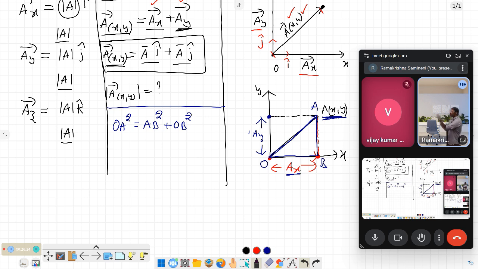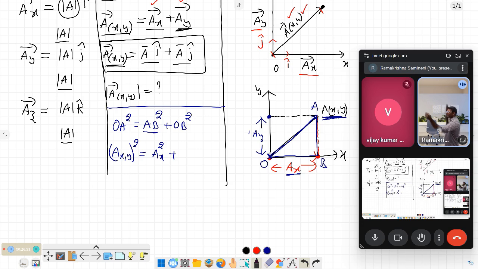Now what is OA? OA is the length from here to here, that is A of x comma y. That length we need to calculate; length means only magnitude, no direction here, that's why we are not using i cap and j cap. And what is AB? This length. OB I am taking as Ax, so Ax square plus AB square.